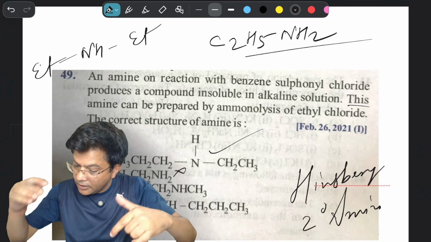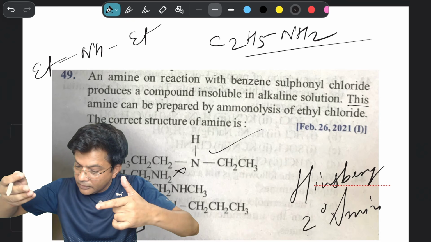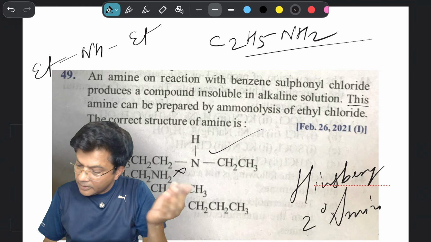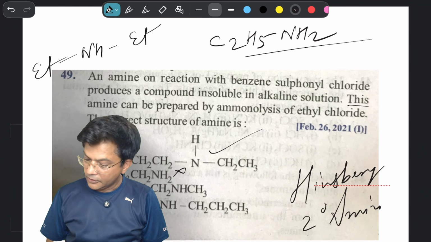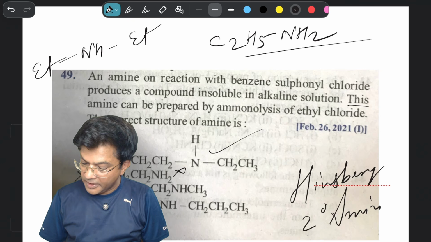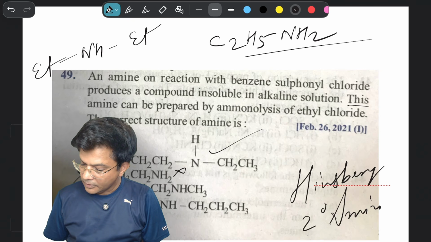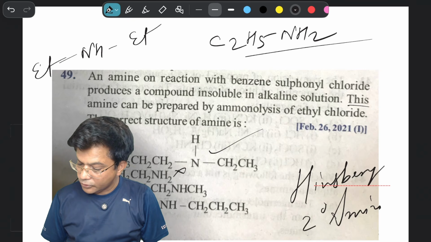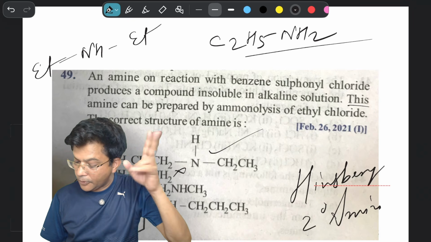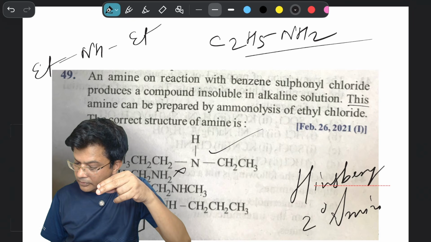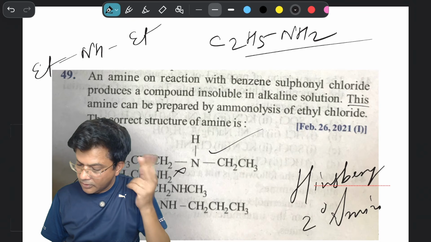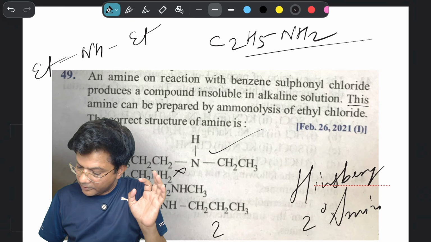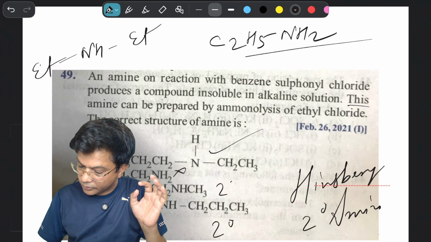This amine can be prepared by ammonolysis of ethyl chloride. So this is the 1 degree amine. B can't be the answer. C is a 2 degree amine, but one side propyl, one side methyl. No, this is propyl. So only one is coming. This is a 2 degree amine. This is also a 2 degree amine.